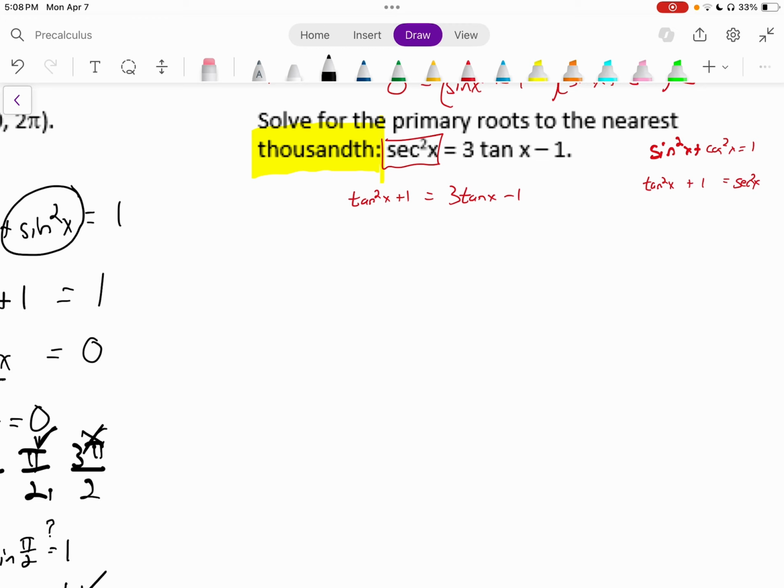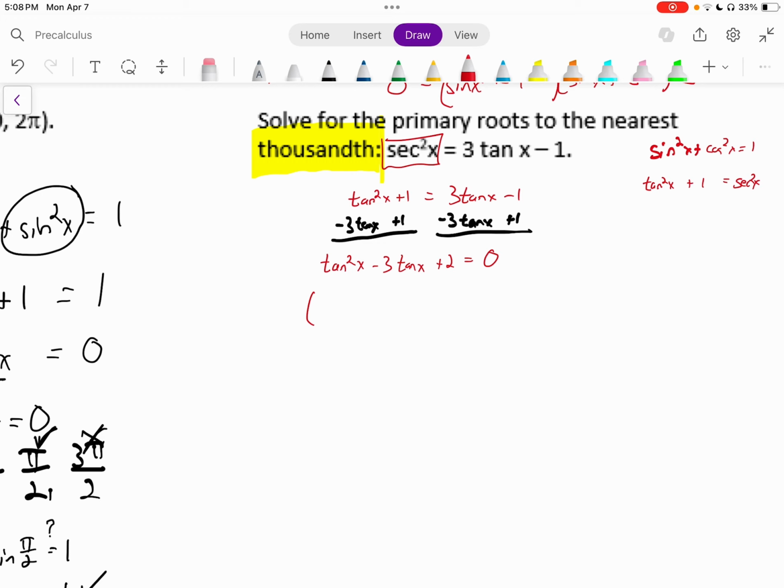So we'll go ahead and subtract 3 tangent x from both sides. And at the same time, we can add 1 to both sides. And so we have tangent squared x minus 3 tangent x plus 2 is equal to 0.